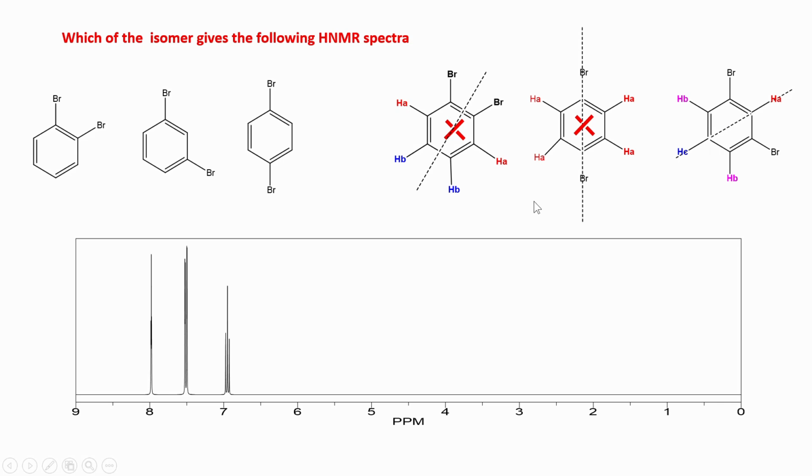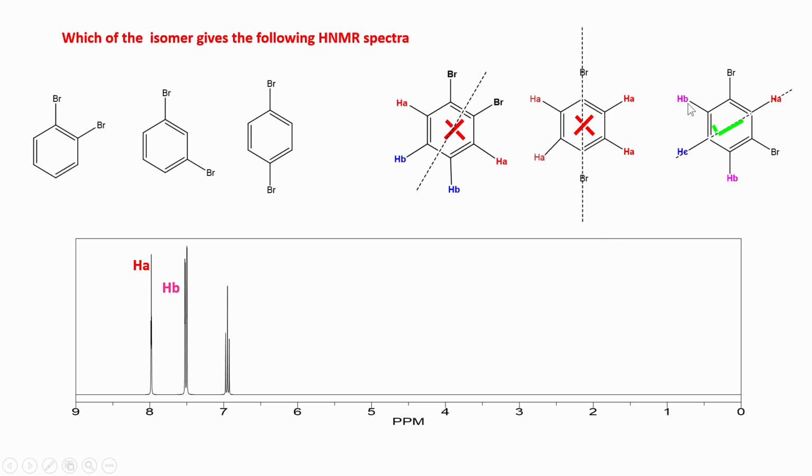Here there are three peaks, and hence this NMR spectra is of 1,3-dibromobenzene. You can see it is the peak of HA proton. HA proton will not split its peak, so it gives a singlet, whereas HB protons give a doublet, so it is the doublet of HB proton.